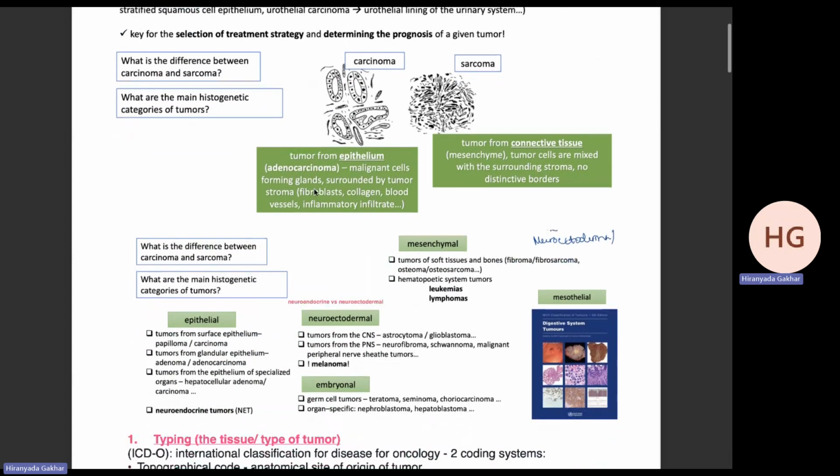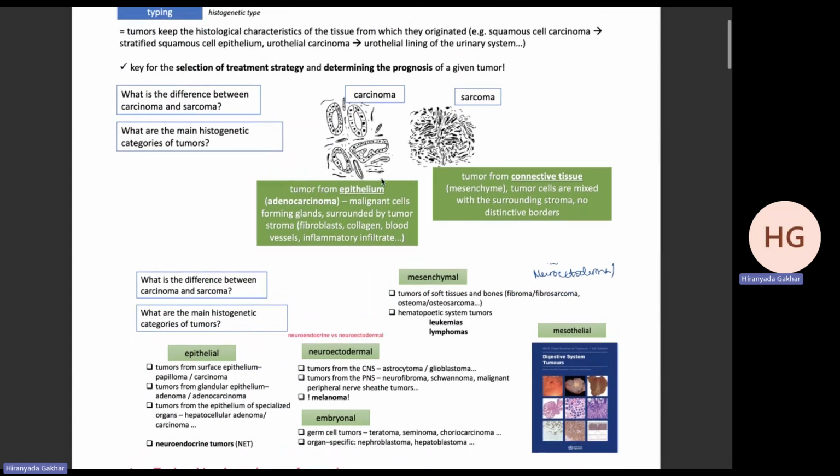So if you take a look here, a tumor from the epithelial cells is called a carcinoma. So these are malignant cells that form glands and are surrounded by the tumor stroma, which comprises fibroblasts, collagen, blood vessels, and inflammatory infiltrate.